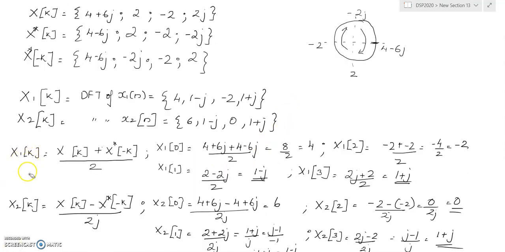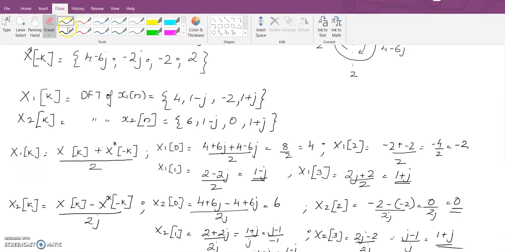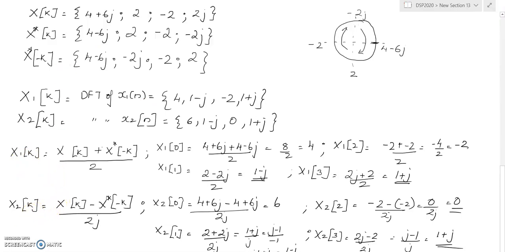So x1 of k, as per the equation that we derived earlier, is equal to x of k plus x star of minus k by 2. When we substitute the appropriate values, we get x1 of 0 as 4 plus 6j plus 4 minus 6j by 2, resulting in 4, which is exactly the same result as we have over here. Similarly, you will get 1 minus j, minus 2, and 1 plus j.